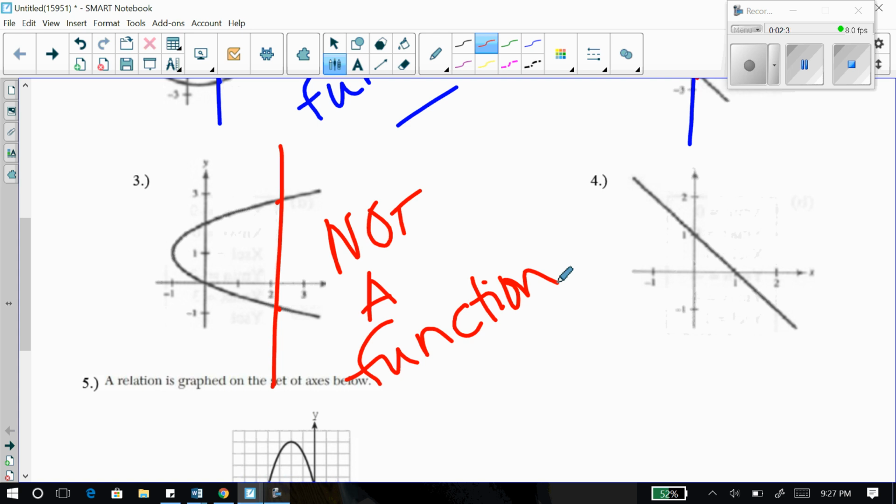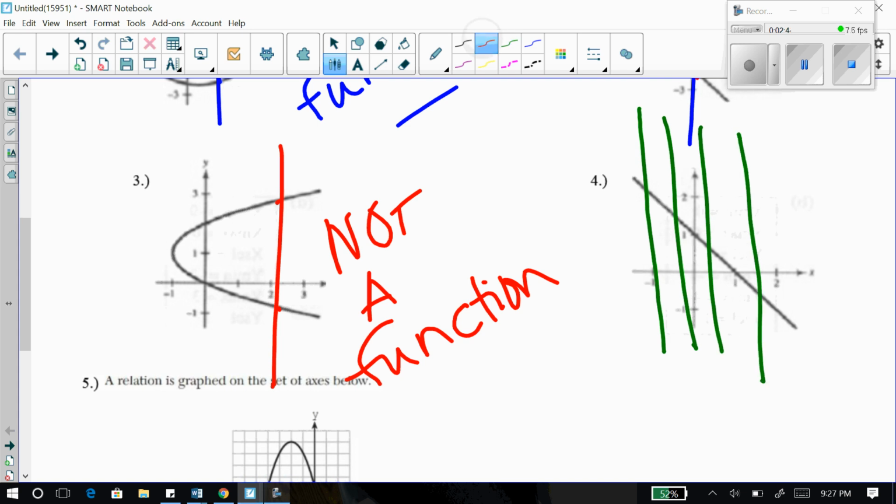And number four, is there a way that I can draw a vertical line so that it hits this graph in more than one spot? Actually, no. Every time I draw a vertical line here, it is only hitting the graph in one spot, the graph of the line.